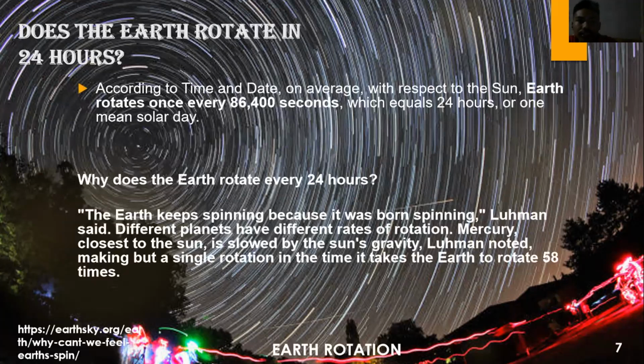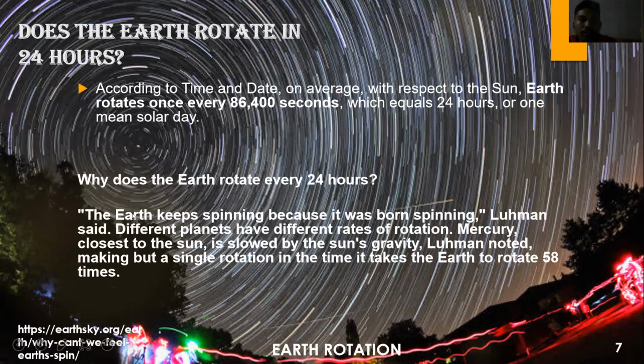Does the Earth rotate in 24 hours? According to my research again, actually nandyan yung mga tawag nito, yung mga dito sa baba, yung mga na-research ko, kung saan ko kinuha.